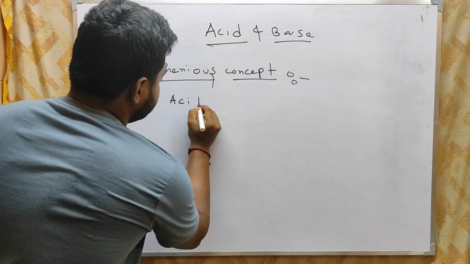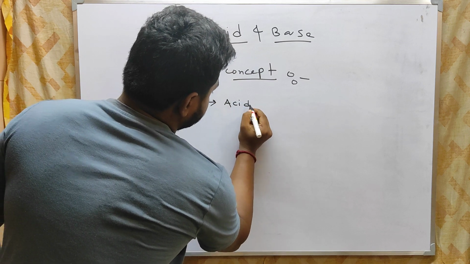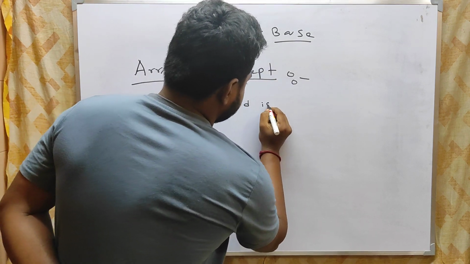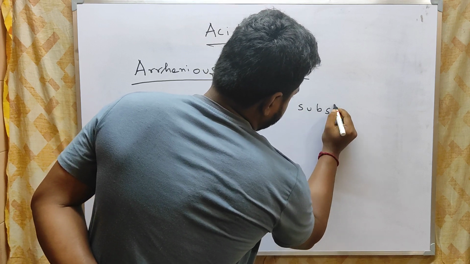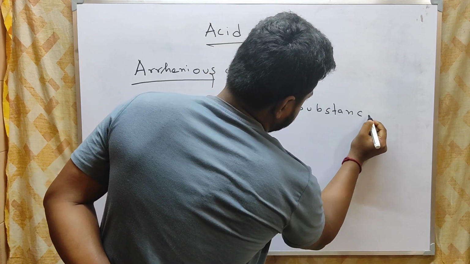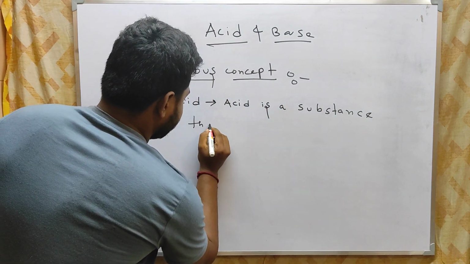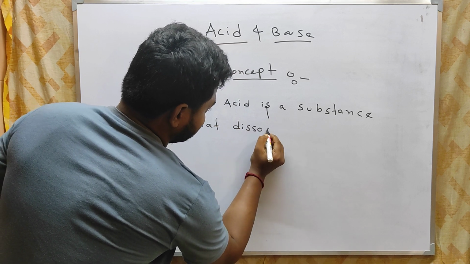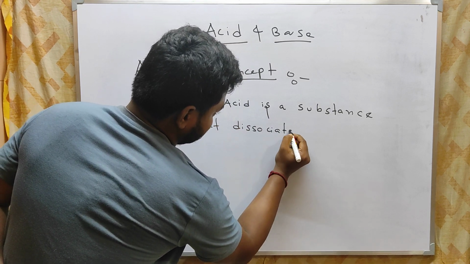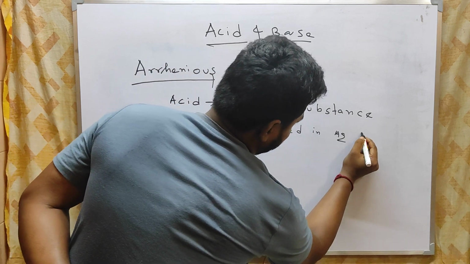Arrhenius said the definition of acid, that acid is a substance that dissociates in aqueous solution.